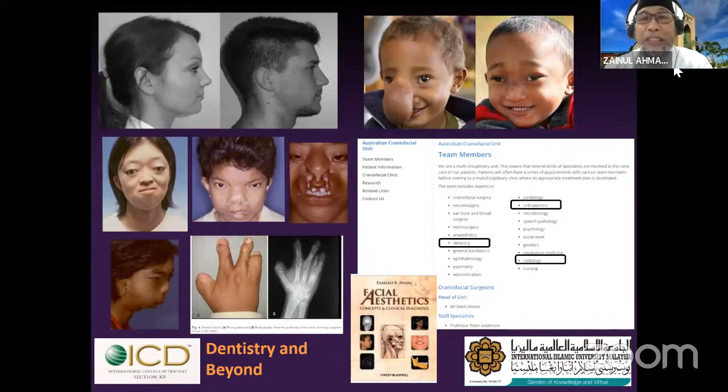As you can see, I was trained in Australia, ACFU in Adelaide. We can see the importance of our profession in the team that plays a very important role in treating this type of patient.